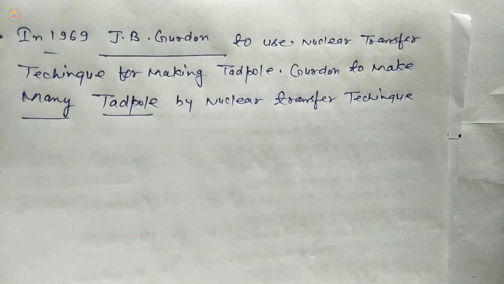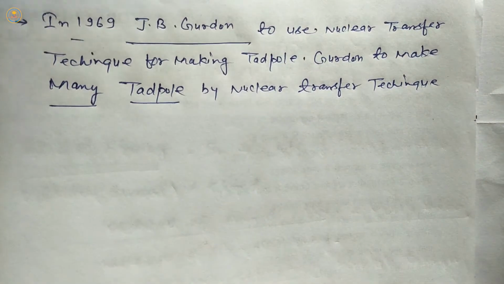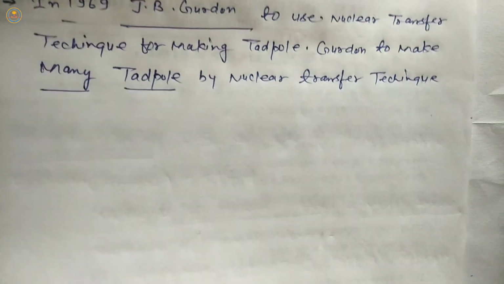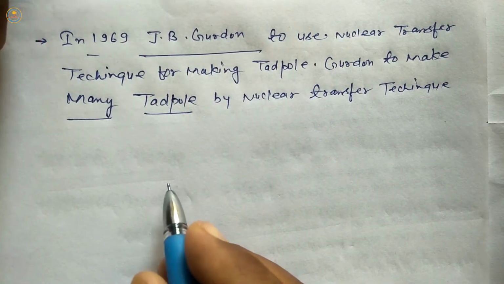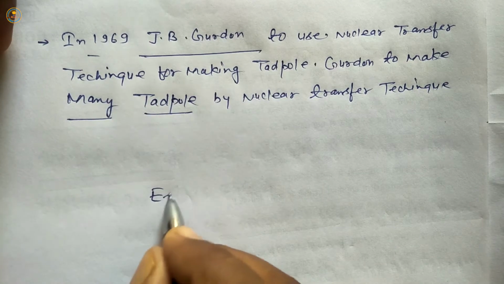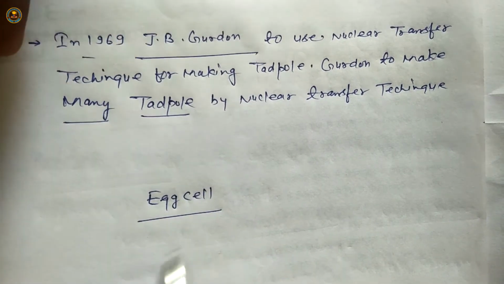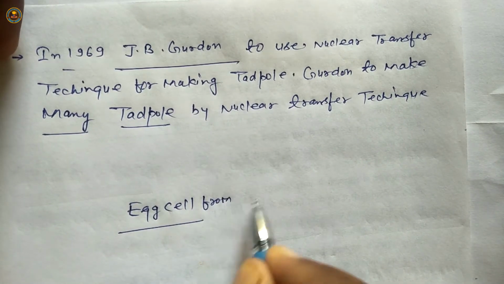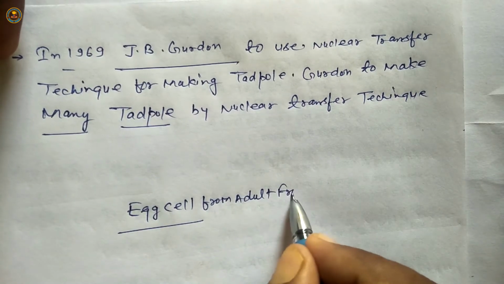Next, I draw a flow chart of formation, development of tadpole. First of all, J.B. Gordon took an egg cell from an adult frog.